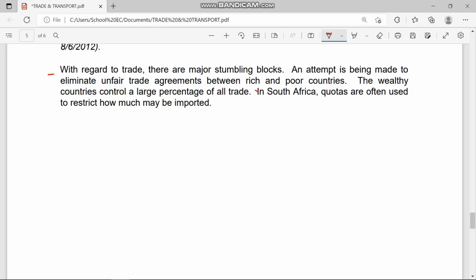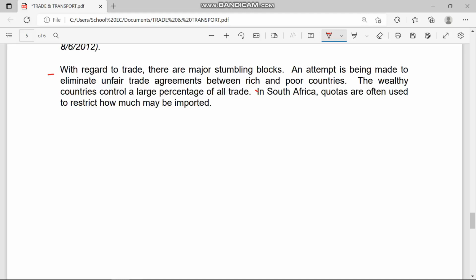So this basically means how South Africa protects its economy, what its major focus is in terms of balance of trade and so on. So South Africa is mainly using this quota to dictate how much may be imported.